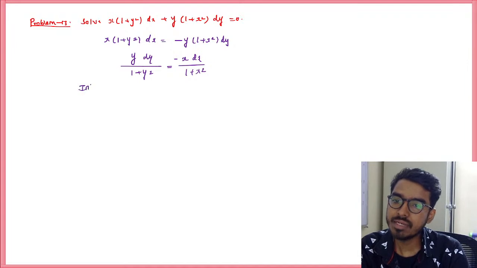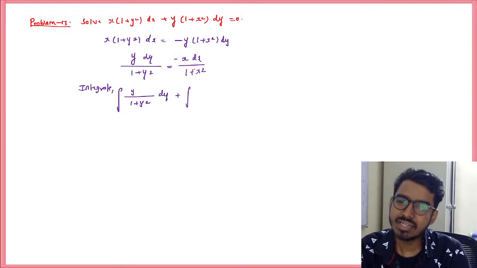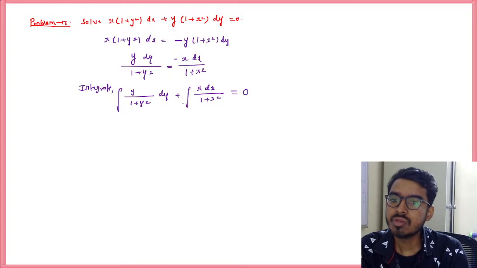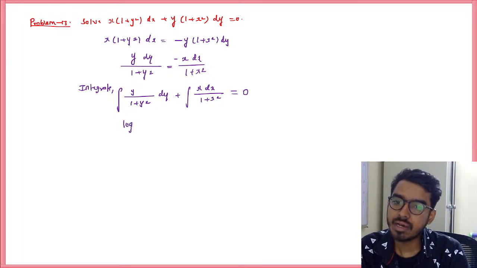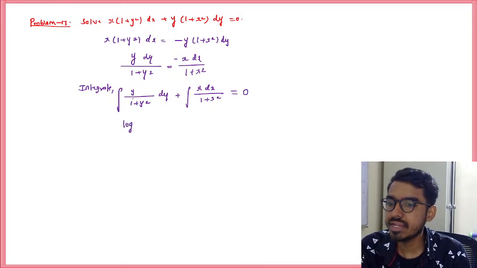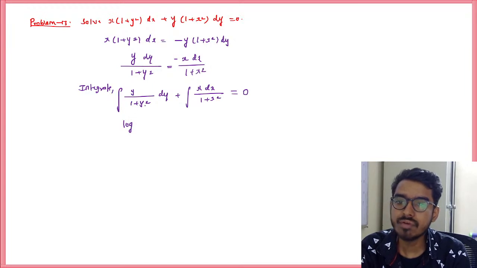So again, you will integrate. So integration of y divided by 1 plus y square dy, or let us take this term this way, right? X dx by 1 plus x square is equal to 0. So if I integrate, again you can see this 2 is missing here, right? So if I differentiate this, you will have 2y.